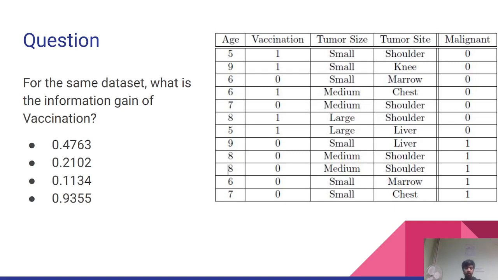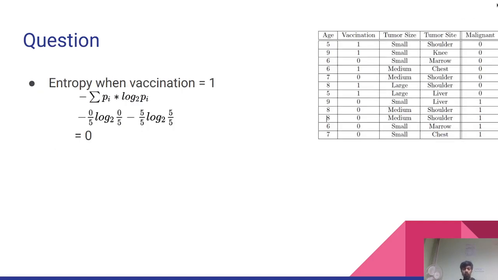Okay, slowly let me go to the solution now. At first, we are trying to calculate the entropy with respect to the vaccination. Since this is not the label, this is one of the features, we need to divide the data set.